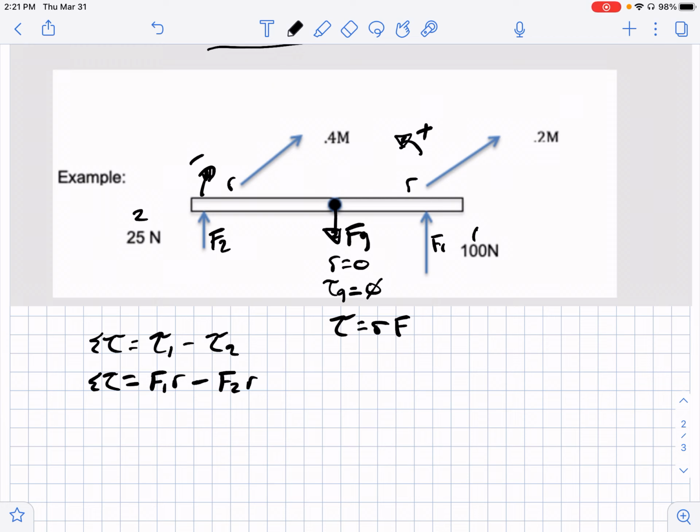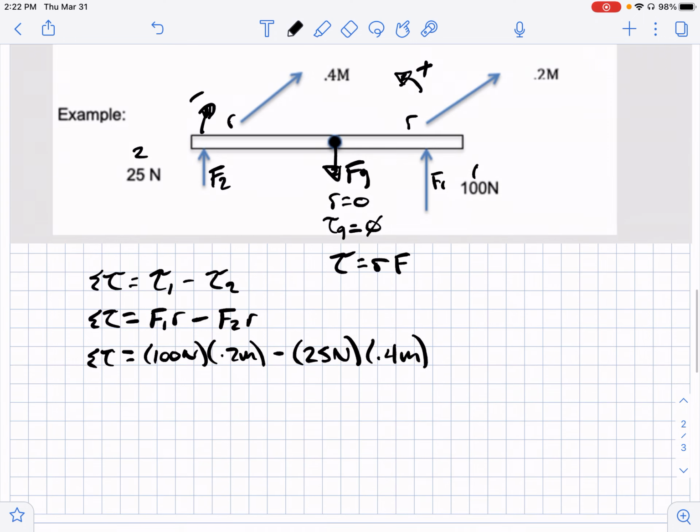Now we know all these values, so we can go ahead and plug those in. So my net torque is going to equal 100 newtons times that moment arm, which is 0.2 meters, minus, we have F2, which is 25 newtons, times that moment arm, which is 0.4 meters.